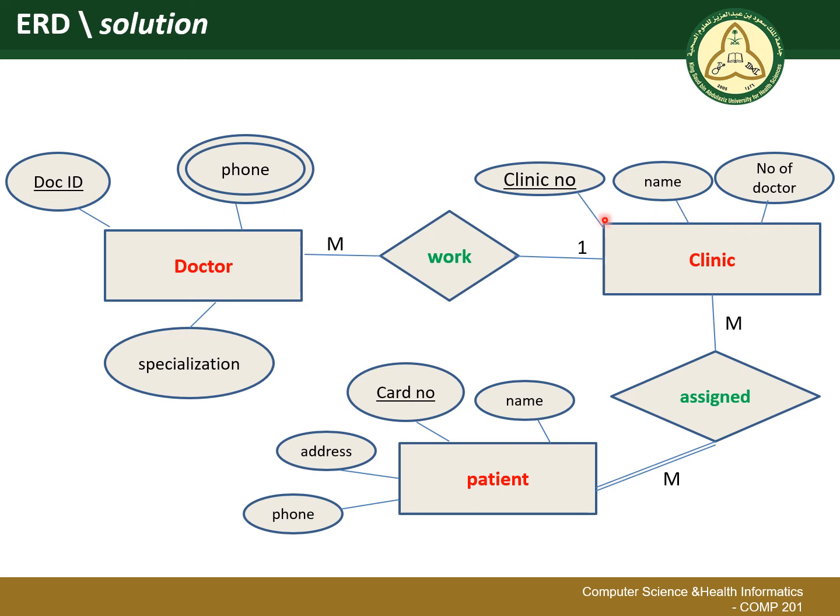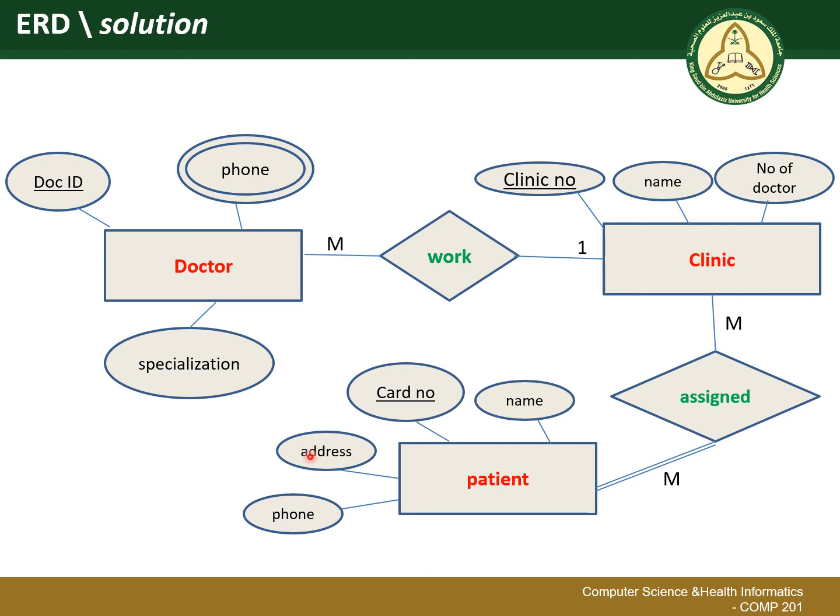Then we have the clinic entity, which is described by the clinic number, name, and number of doctors. And the clinic number is the key identifier, so we underline it. And we have the patient entity, which is described by the card number, name, address, and the phone.